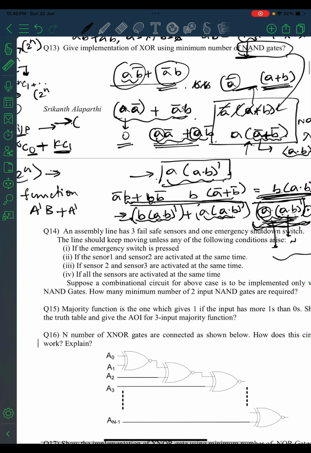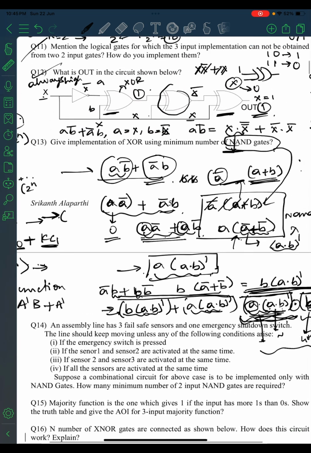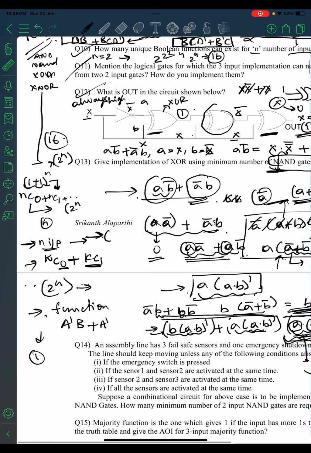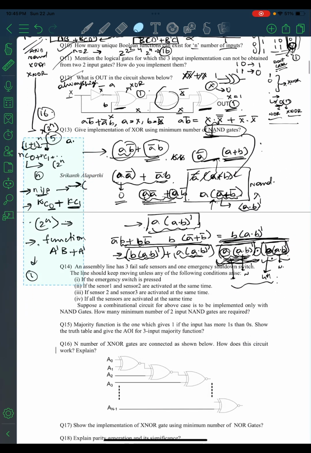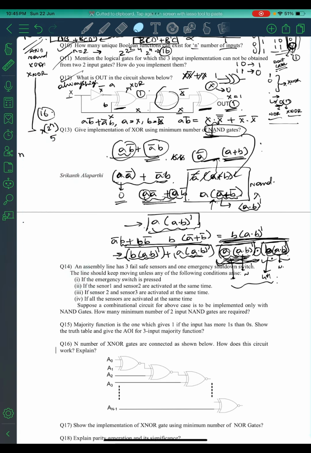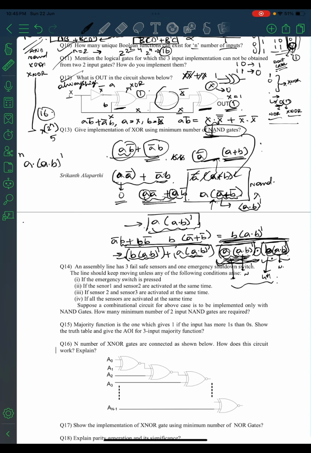So finally you have converted this into a combination of NAND gates, that is A dot B whole complement, dot this one whole complement.